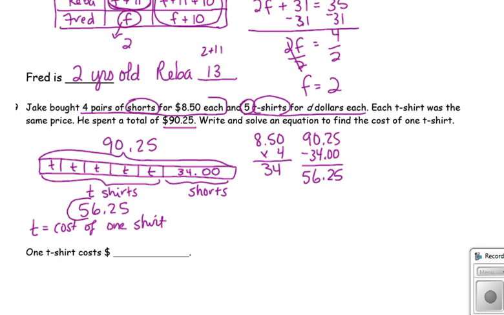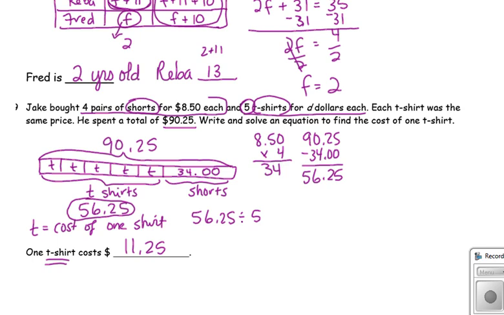Well, if we have $56.25 split evenly between the 5 t-shirts, how do you find your answer? 56.25 divided by 5. And that gives us a cost of $11.25 per t-shirt.